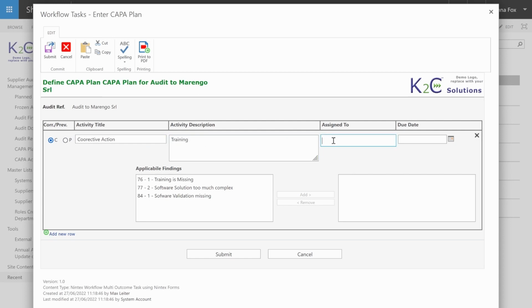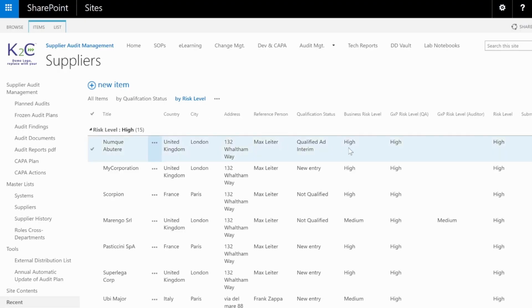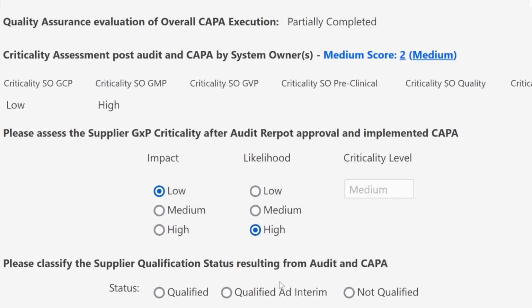These CAPA are traced and fully managed online up to the final assessment of post-CAPA criticality. The supplier criticality is classified 3 times: before the audit as a potential criticality, at approval of the audit report, which can be, for instance, qualified ad interim in case some findings might be mitigated by corrective and preventive actions, and after the completion of CAPA.